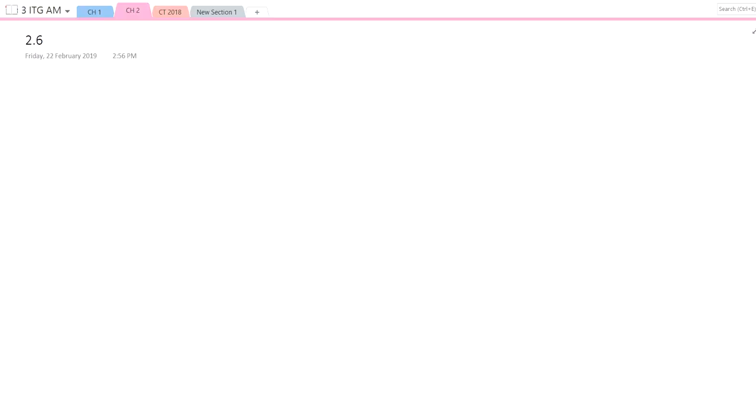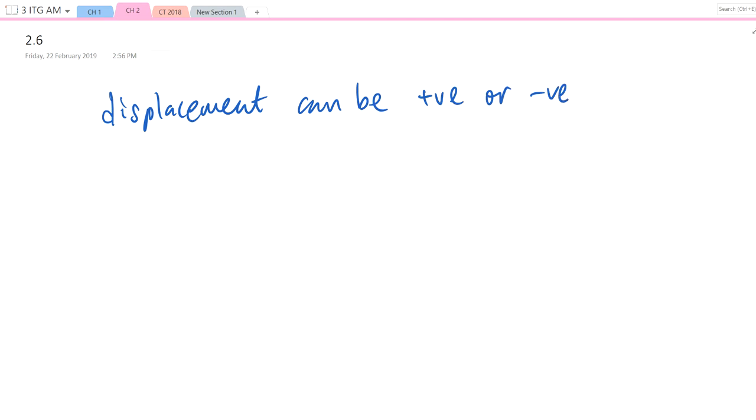We also learned that in physics, we've got displacement and distance. And you know the difference between displacement and distance. So displacement can be positive or negative depending on the reference point.